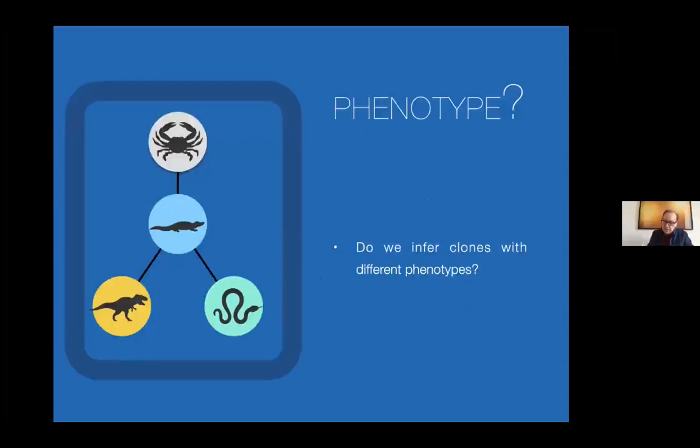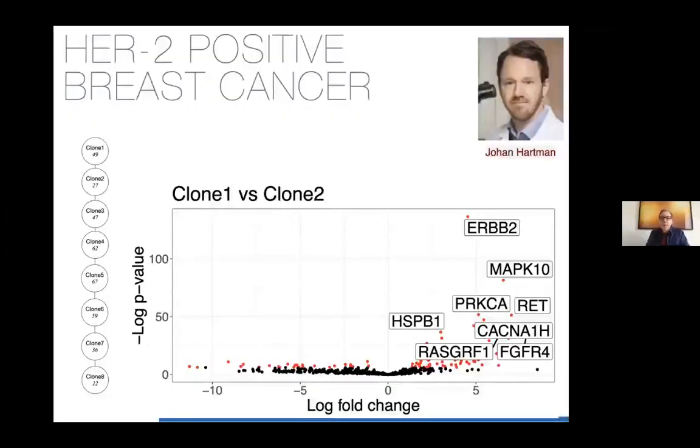And you can ask then, how well is this working? Well, this is an example where we analyzed a HER2 positive breast cancer tumor. It's from Johan Hartman, a collaborator. And we got this path in this case. So we have clone 1 up to clone 8. And then we looked at the genes expressed in this clone versus the genes expressed in this clone.